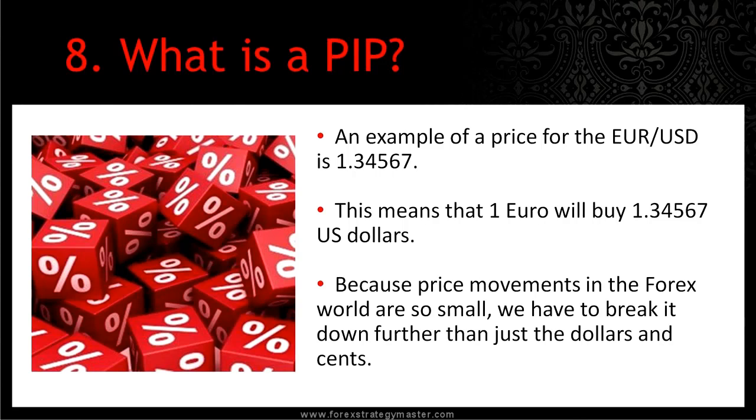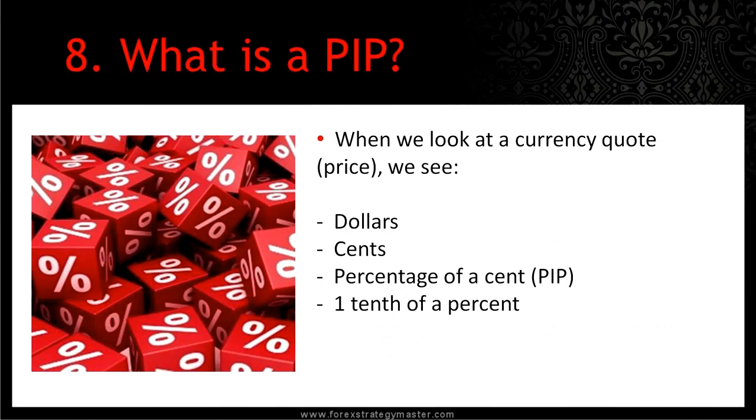Because price movements in the Forex world are so small, we have to break it down further than just dollars and cents. When we look at a currency quote, what we see are dollars, cents, percentage of a cent, which is what the actual PIP is, and then lately we're looking at 0.1%.